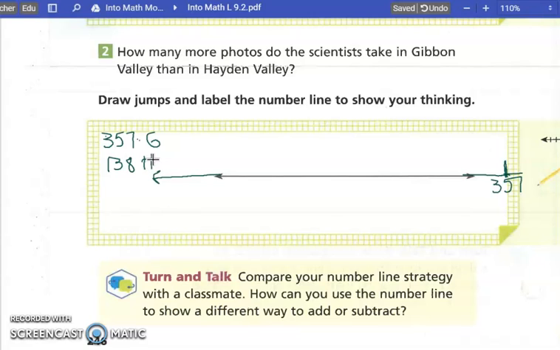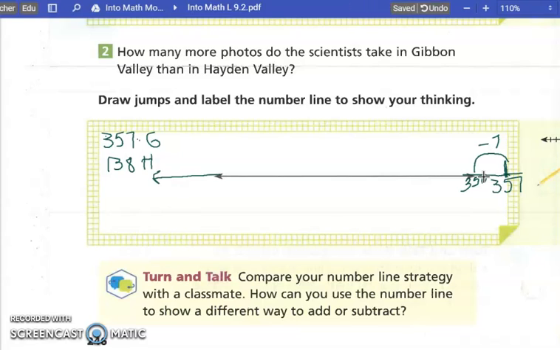Are we going to subtract 8 or are we going to subtract 7 to get this to kind of an even number? We're going to make one jump and say this is minus 7, and that would be 350. Okay, but we need to take away 8, right?